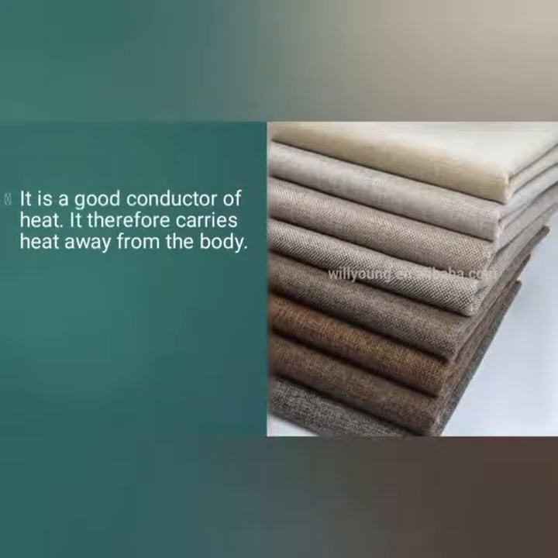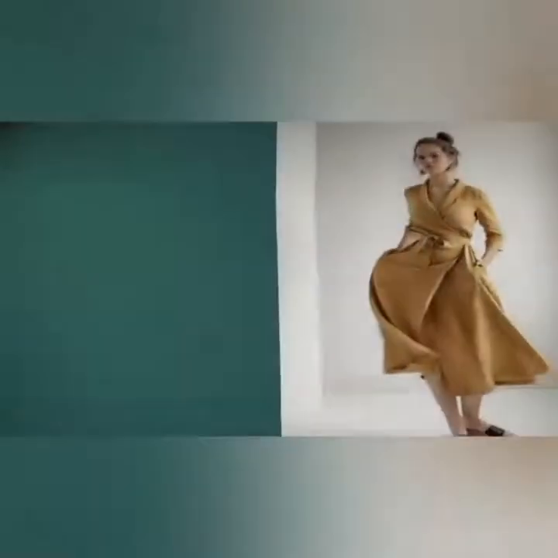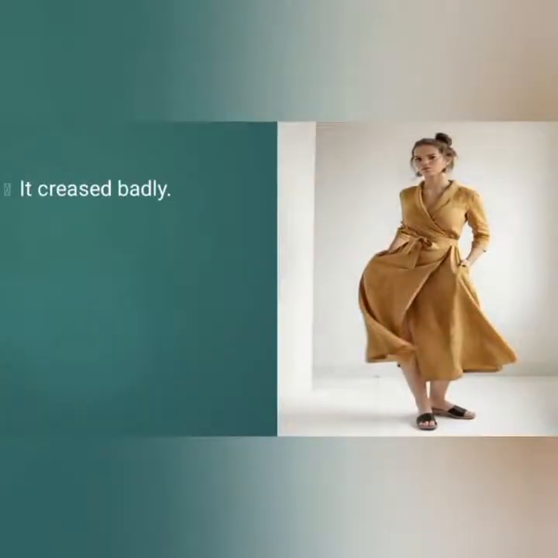It is a good conductor of heat and therefore carries heat away from the body. It dries slowly, meaning when laundering it takes time to dry. It creases badly, meaning it gets rumpled very badly. It frays badly and easily, meaning it comes loose easily and badly.